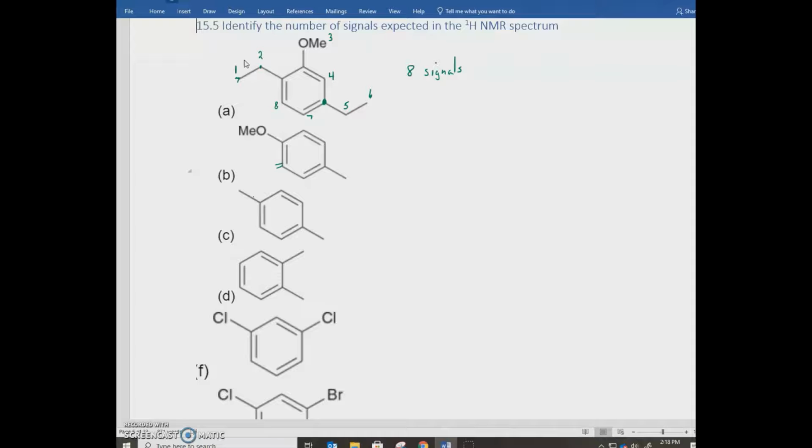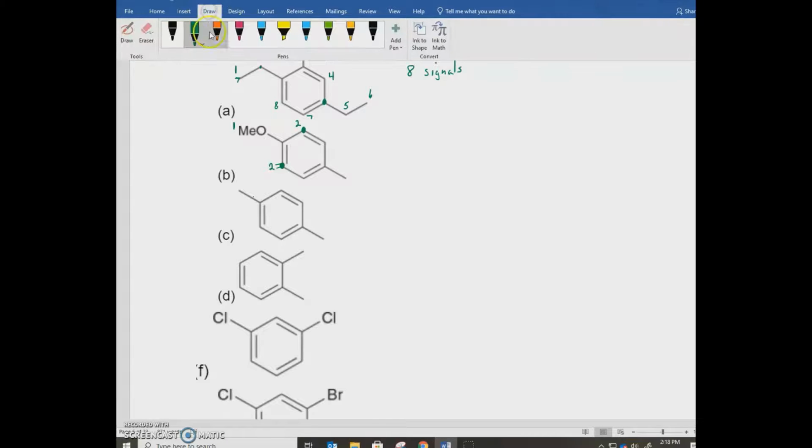Okay, so let's look at this one. This one has more symmetry to it. The protons on this methyl group will give a signal. And then the protons here and here will give the same signal. So we're going to put a 2 by both of those.